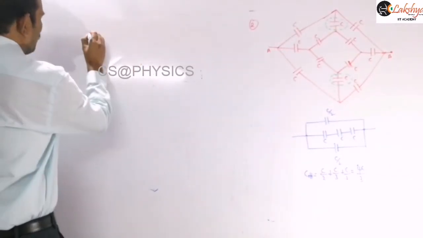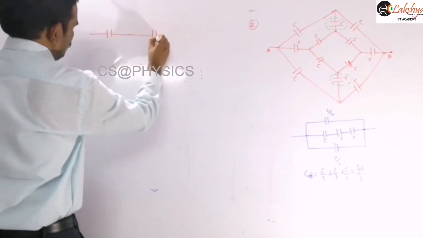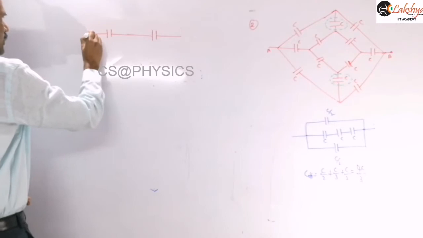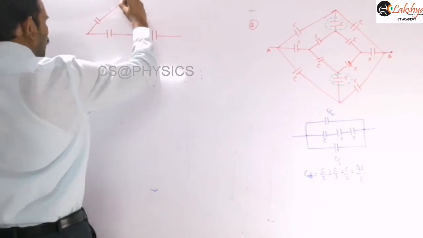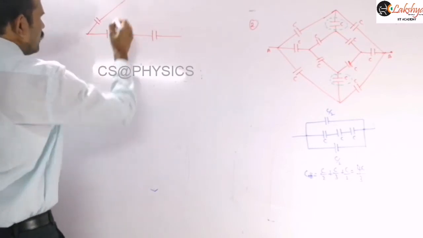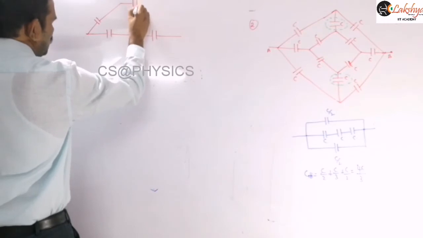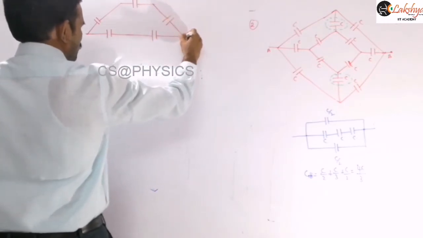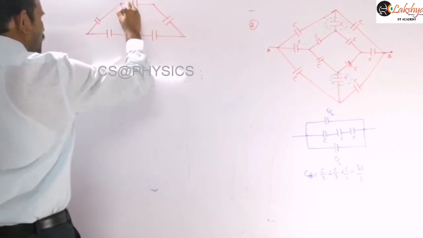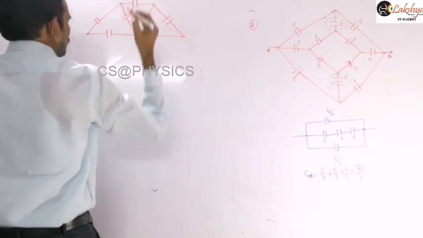That means now I am taking the circuit like this. So from this point, it is like this. This is one capacitor like this, and another capacitor is here, and from this you can draw these two capacitors connected to this point like this, right?